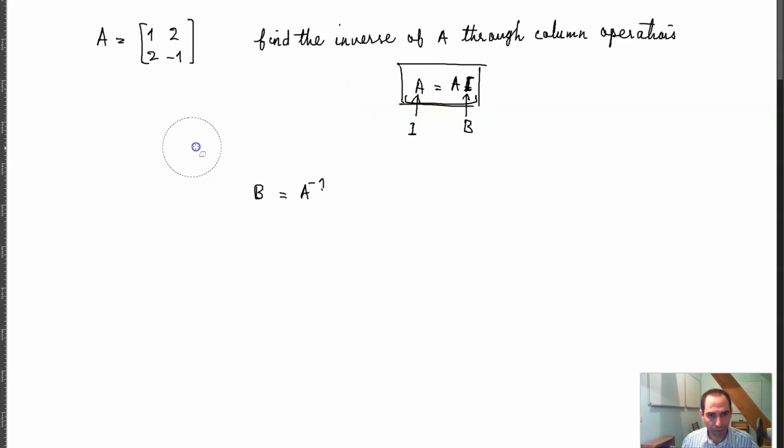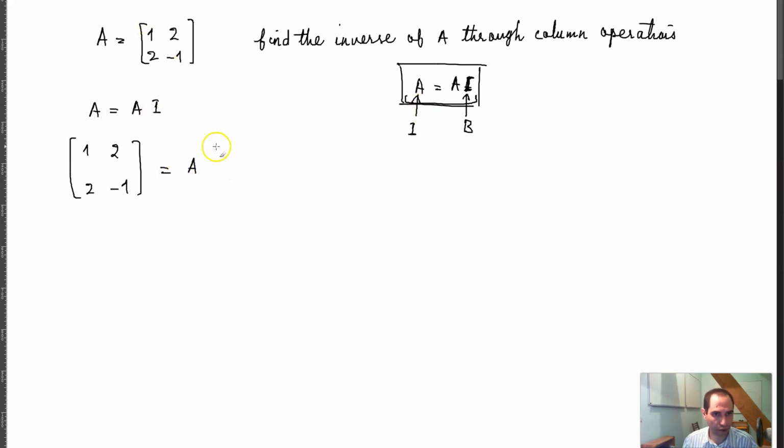Now, when I take this equation, what happens is that I have A is equal to A times I. So I write this as A, which is basically 1, 2, 2, negative 1. This is the matrix that I want to look like I, and A is basically the matrix that I already have, so I don't want to touch that.